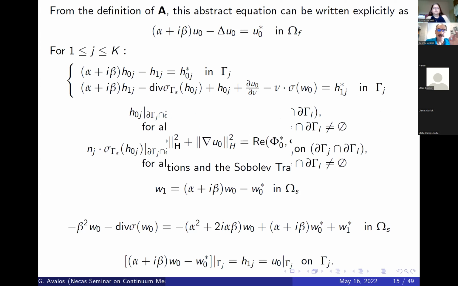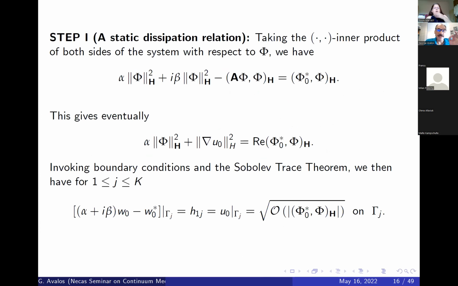So to this end, if phi denotes, again in the frequency domain, the thick and thin structural components and the thermal components measured with the Hilbert space norm, straight away, integration by parts, we obtain this relation. And so straight away, we have a static version of the dissipative relation.